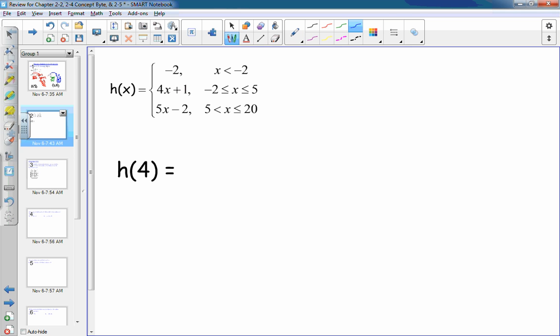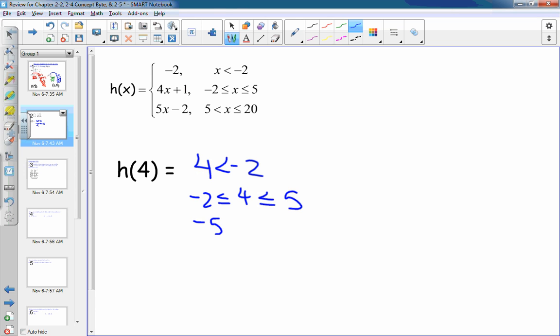So scroll down, please. Tell me, what do I do? I need to figure out what part of this region 4 fits into. So is 4 going to be less than negative 2? Is 4 going to be between negative 2 and 5?